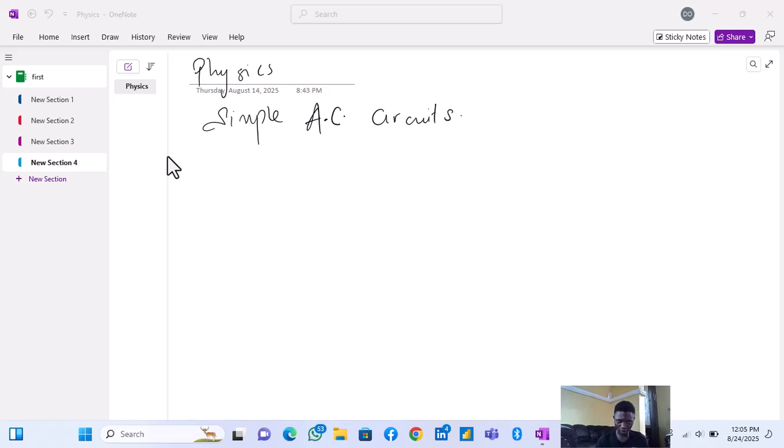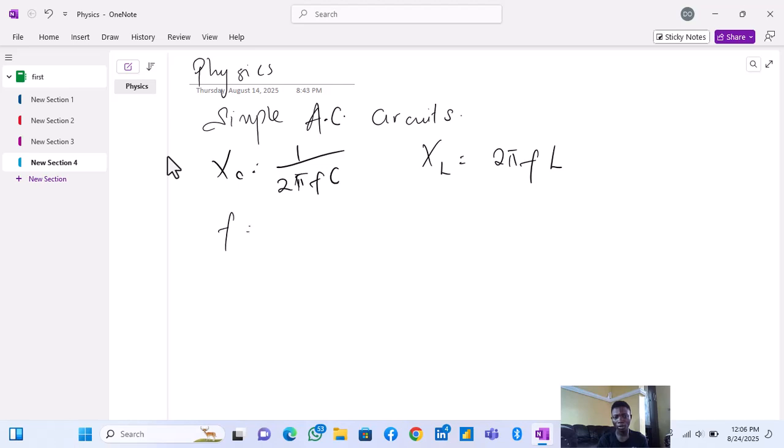So yes, I remember in the very last class we said that capacitive reactance, which is XC, is 1 over 2 pi FC, and inductive reactance, which is XL, is 2 pi FL. I made it clear that F is the frequency, and L is the inductance of the inductor.